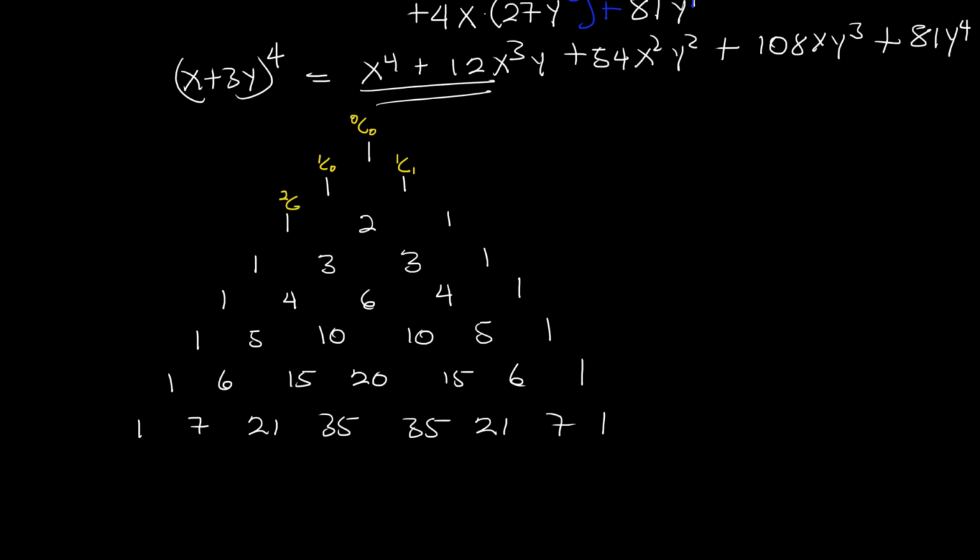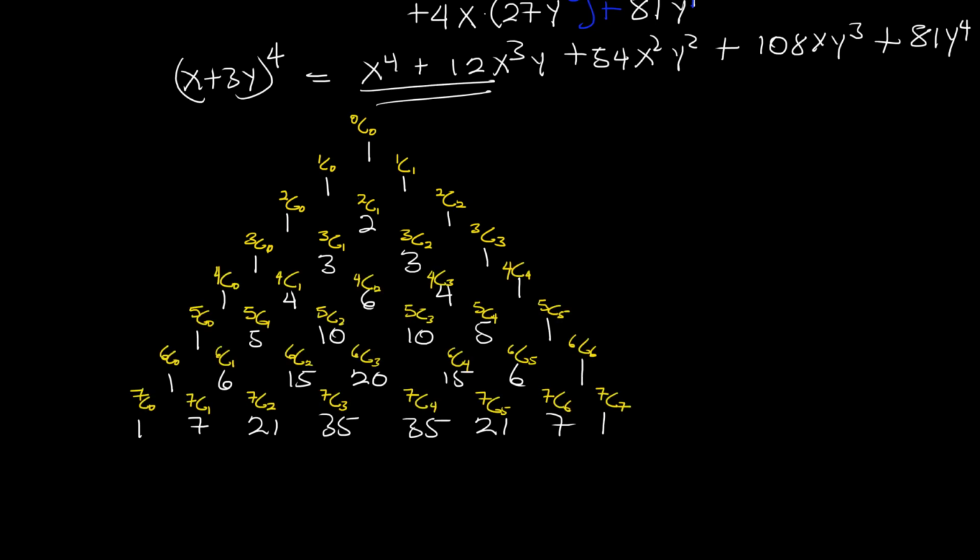Here we have 2 combination 0, 2 combination 1, 2 combination 2, 3 combination 0, 3 combination 1, 3 combination 2, 3 combination 3.